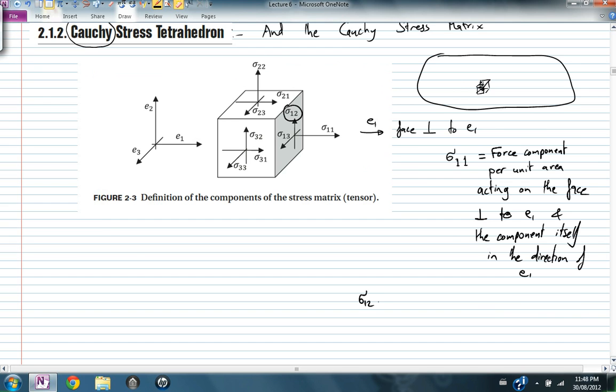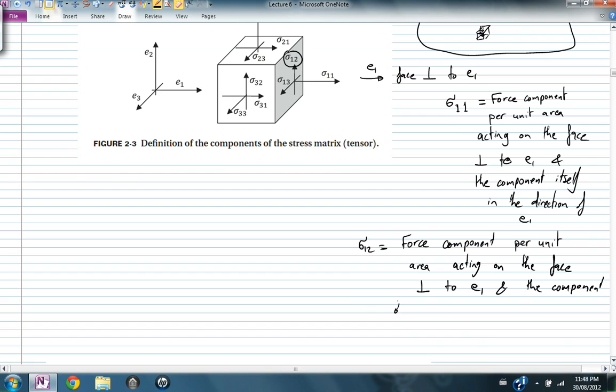Well, sigma 1, 2 is equal to the force component per unit area acting on the face perpendicular to E1, the first index, and the component of the force itself is in the direction of E2.